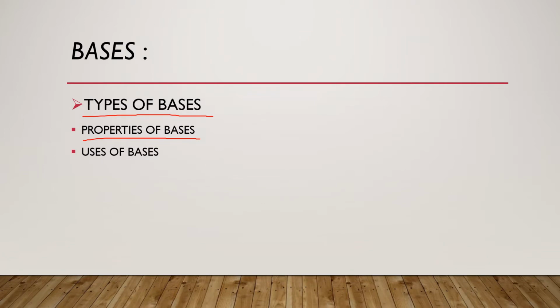Now let's move to the uses of bases. Calcium hydroxide is used to prepare whitewash for buildings, fences, etc. In the construction industry, it is used to make lime mortar. It is used to prepare lime water, which is used to test for the presence of carbon dioxide.